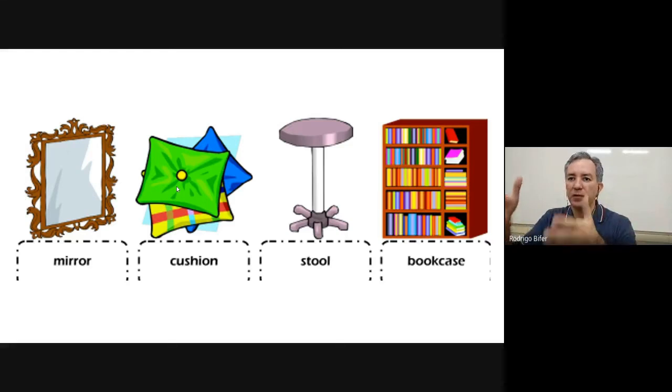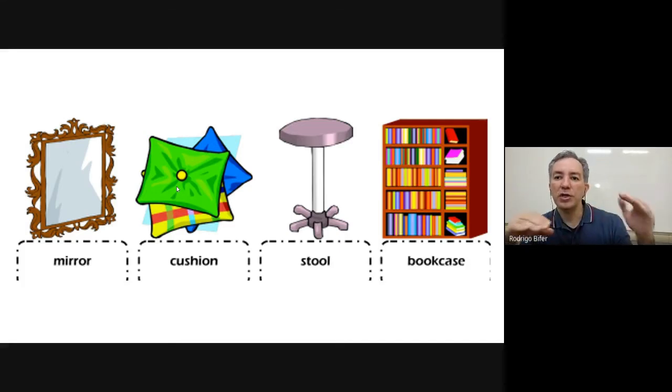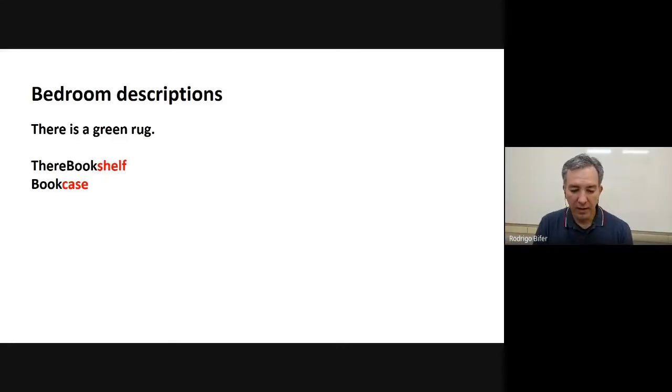And that's a very interesting difference because the preposition is different. The books can be in a bookcase. For a bookshelf you would say, I will put the books on the bookshelf. So there are some books on.